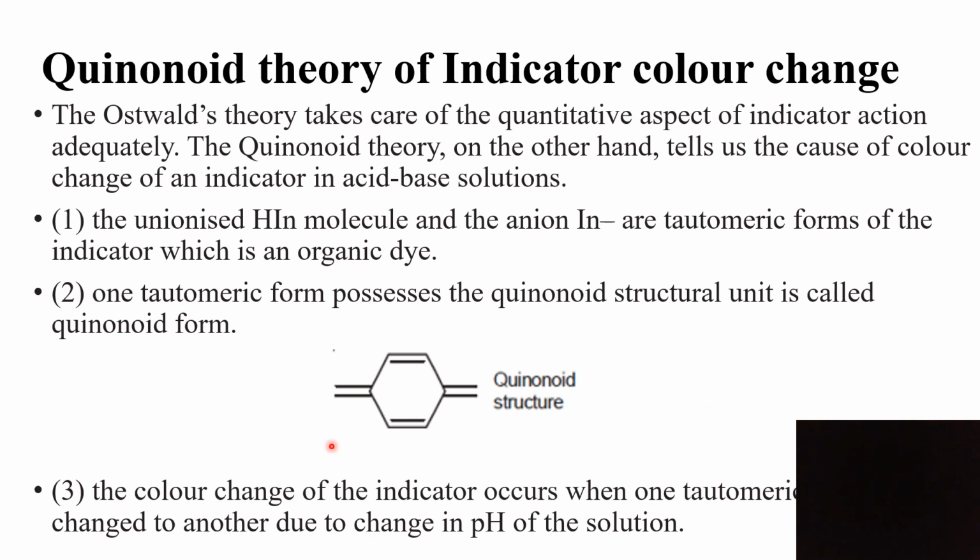The tautomeric form possesses the quinonoid structural unit and is called the quinonoid form. It has a deep color. The other is called the benzenoid form. The color change of the indicator occurs when one tautomeric form is transformed into the other due to the change in pH of the solution.